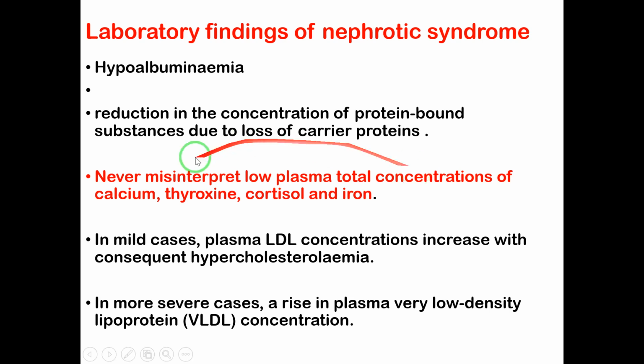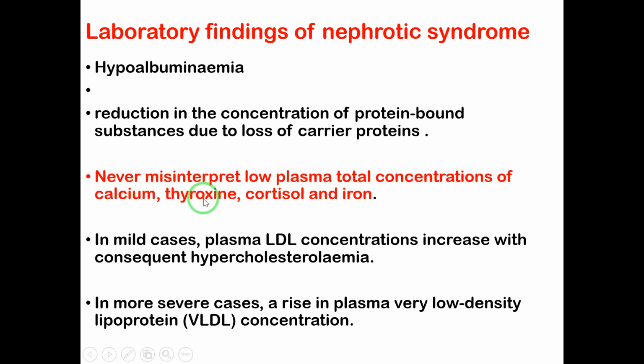So when we measure these analytes, we may see that the level of these analytes is low. In fact, they are not low, but because the binding protein is decreased, because it appears in the urine, as a result, the concentration of this analyte in the circulation appears low. So we must keep in mind that this decrease is not real.